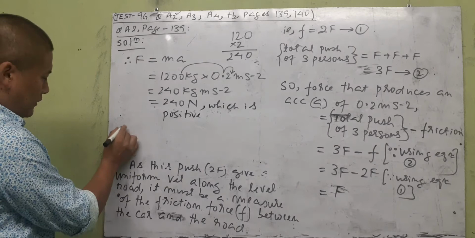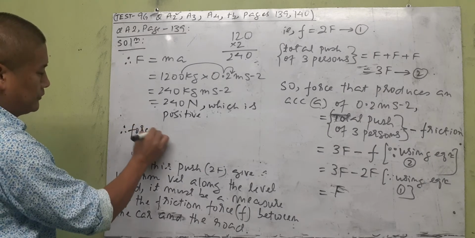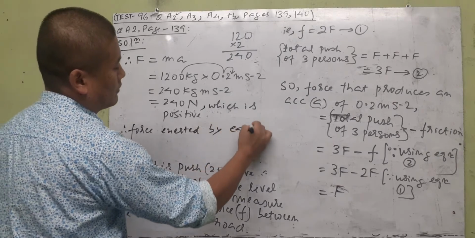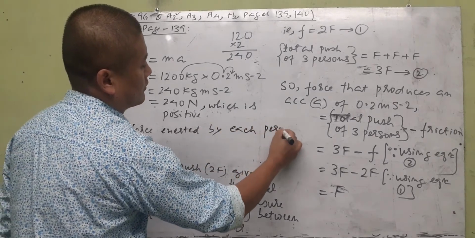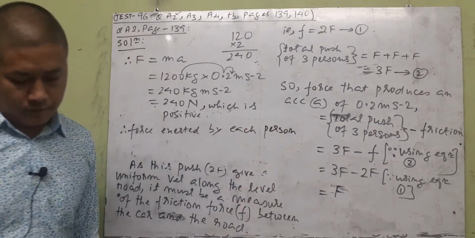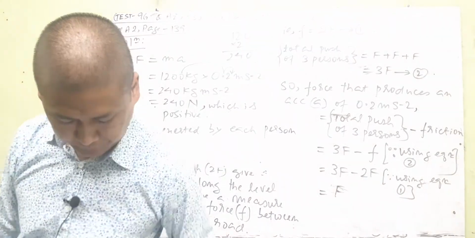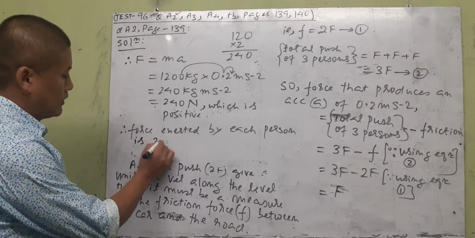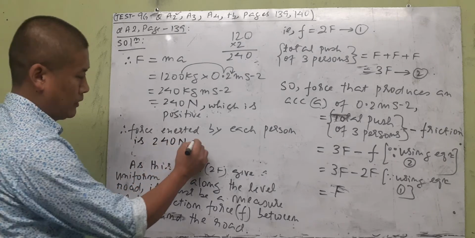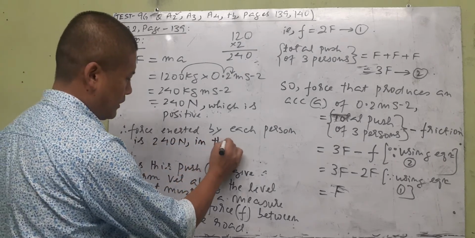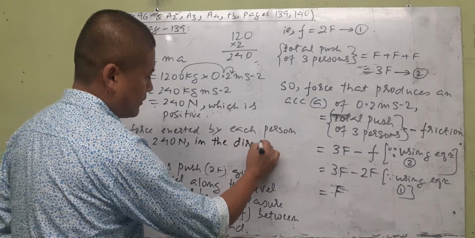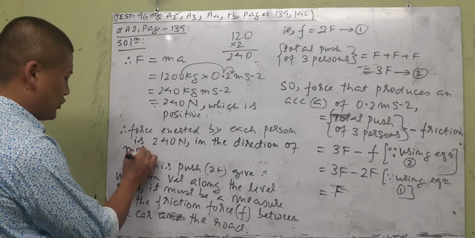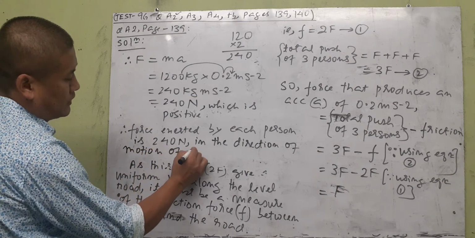Therefore, let us write here, the force exerted by each person, one person, that's what the question is asking, is 240 Newton in the direction of motion of the car.